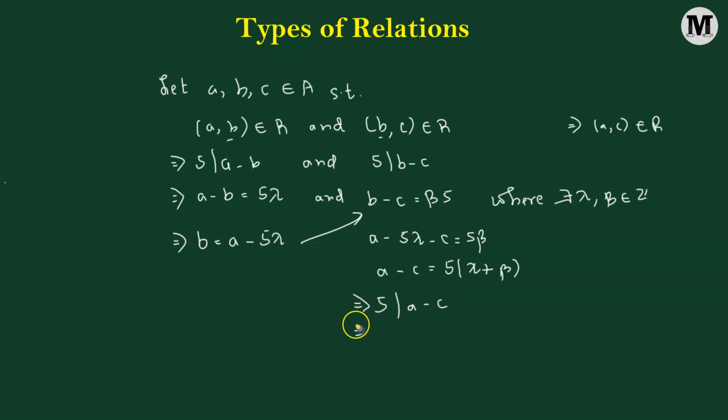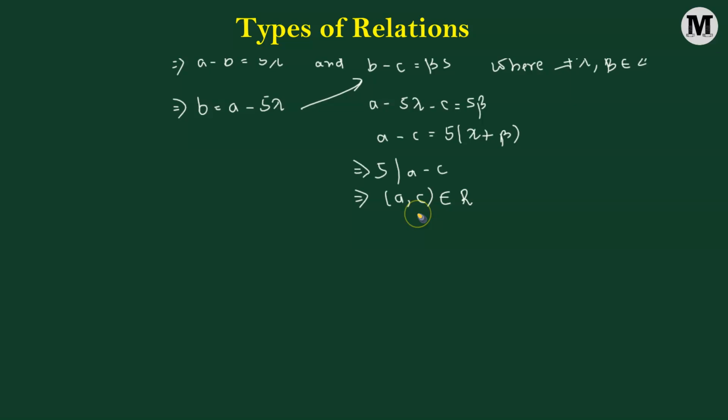Now 5 dividing A minus C is the definition of the relation. That means the ordered pair A comma C belongs to the relation R. So we started out by considering two ordered pairs, A comma B and B comma C, which both belong to the relation R, and we were able to show that the ordered pair A comma C also belongs to that same relation R. So this tells us that our given relation R is transitive in nature.